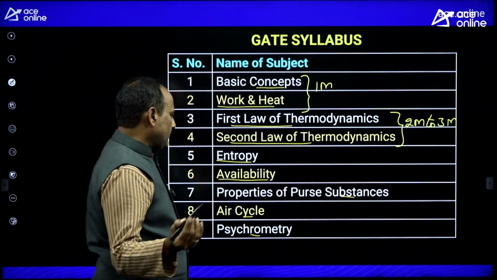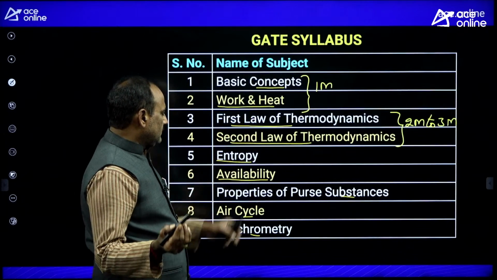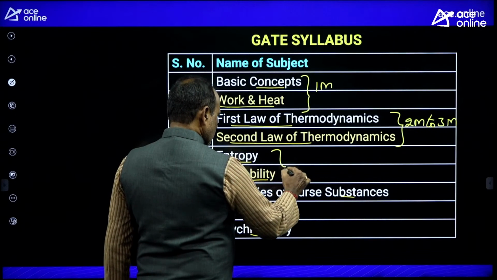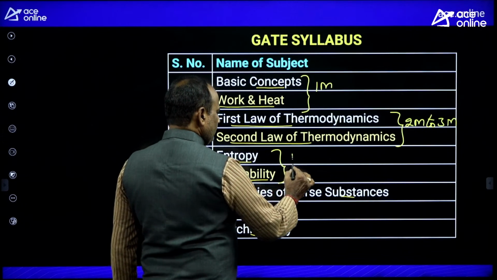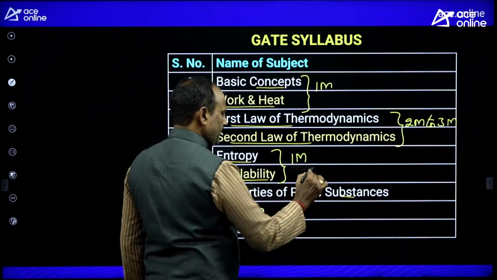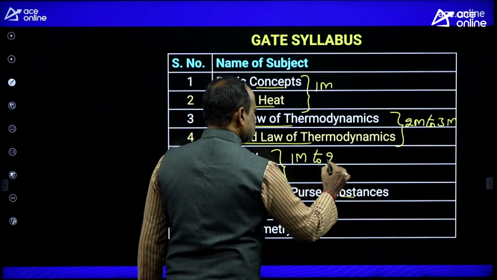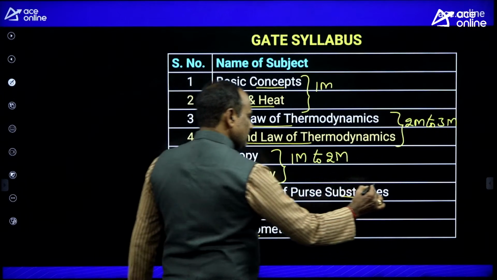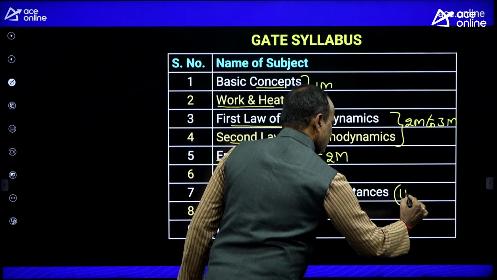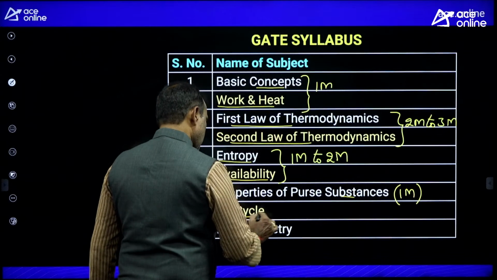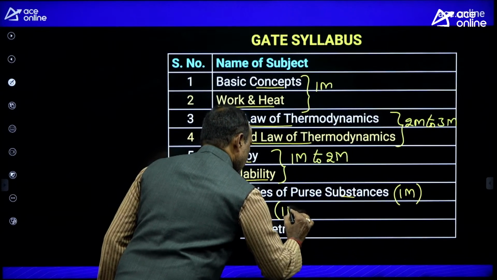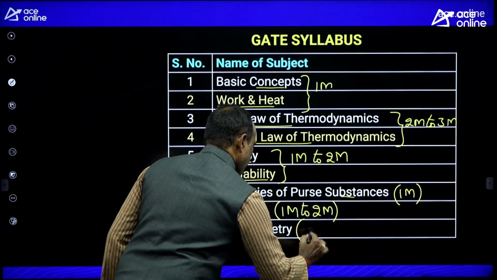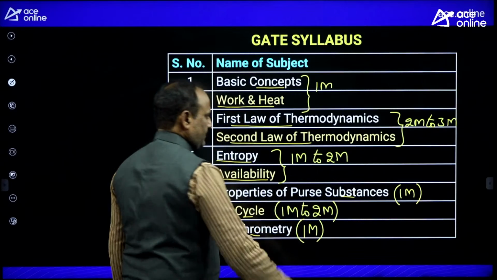From entropy and availability, 1 mark can be expected, maximum 2 marks. From properties of pure substances, 1 mark can be expected. Air cycles, 1 to 2 marks can be expected. Psychrometry, 1 mark can be expected.